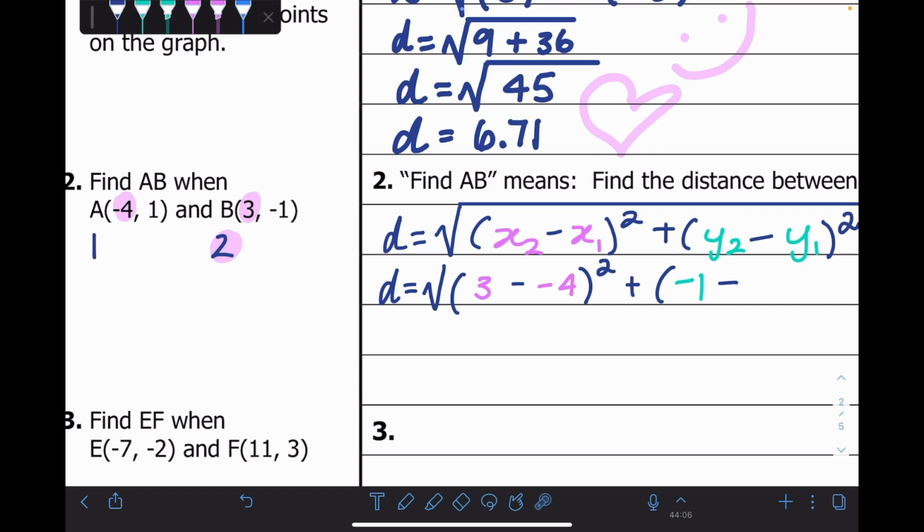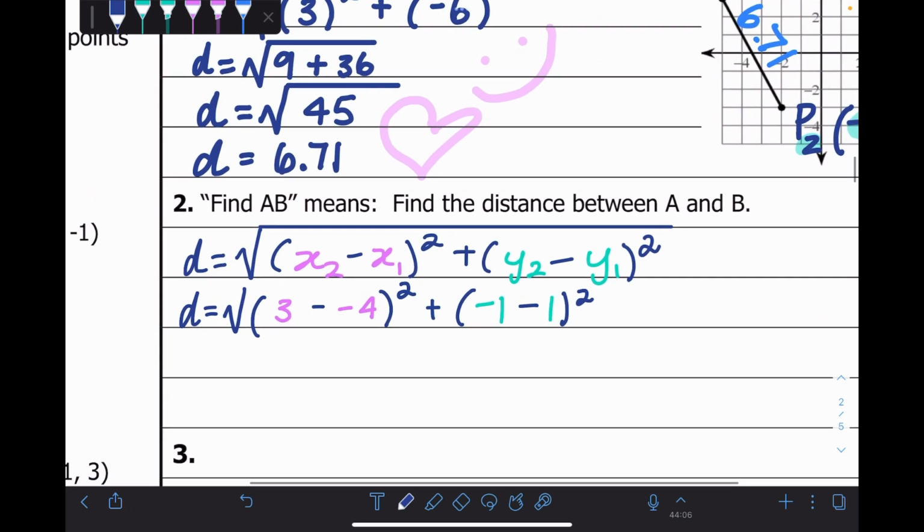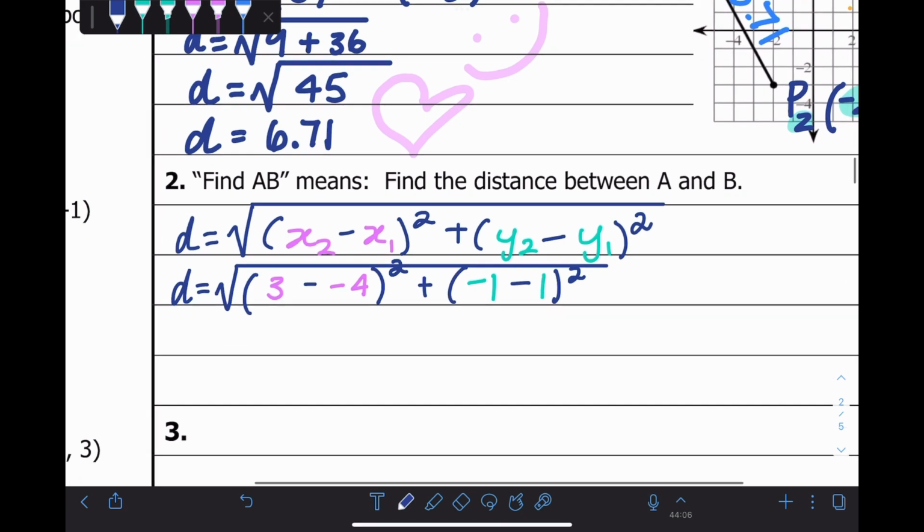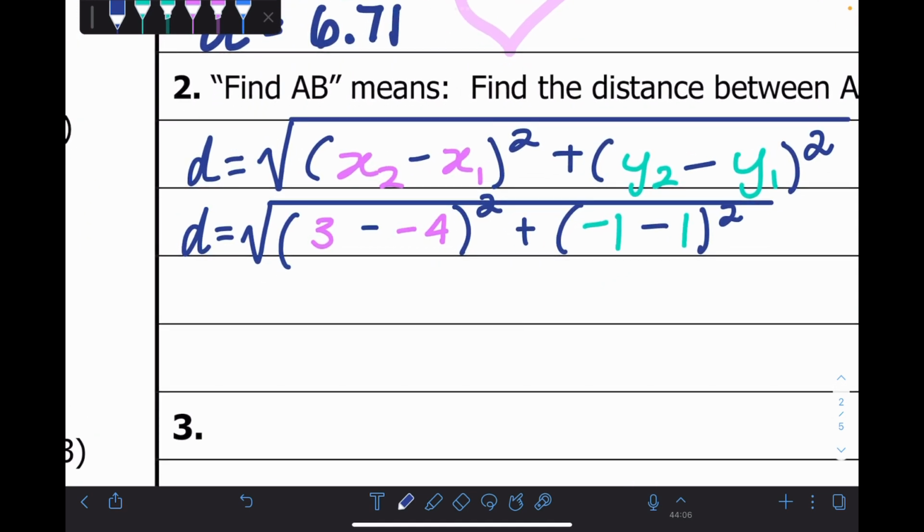Subtract our y1, our first point, and our y coordinate there is positive 1. Squared. All square rooted. There we go. Now we can just work it out. We've got everything in our formula and we are ready to go.